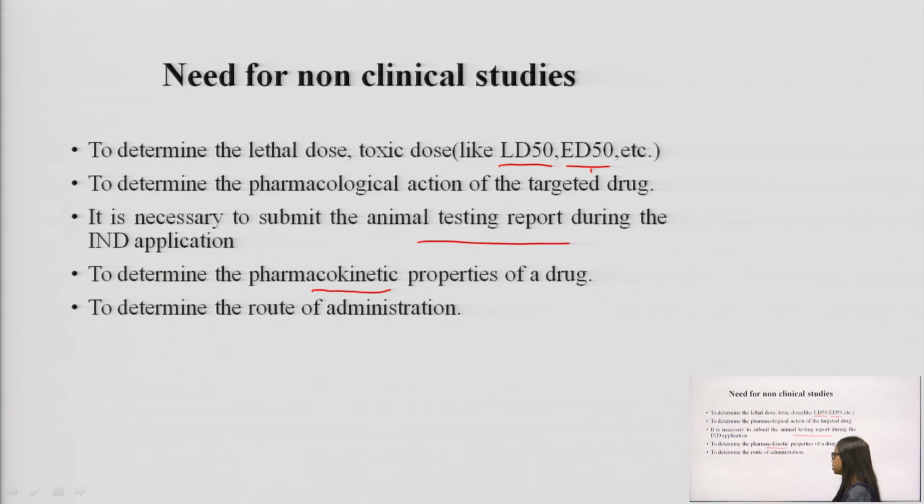After testing on animals, we can conclude which route is best for a particular medicine. The route may be oral, sublingual, chewable, intravenous, intramuscular, etc. This can be concluded only after non-clinical studies, and we use this data in clinical trials.